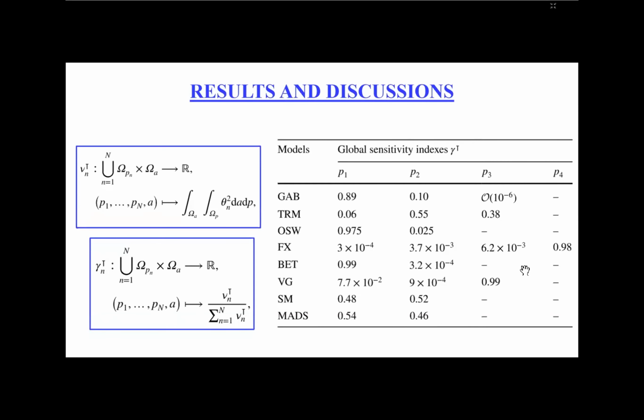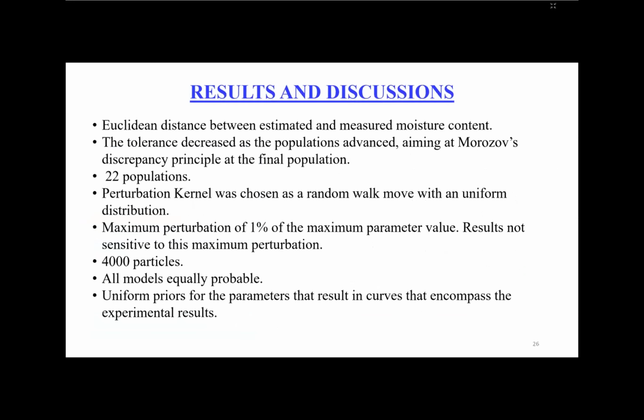For the implementation of the ABC algorithm of Toni et al., the distance function was taken as the Euclidean distance between estimated and measured moisture content. As I mentioned, the tolerance was reduced as the populations evolved, and we tried to satisfy Morozov's discrepancy principle at the final population.